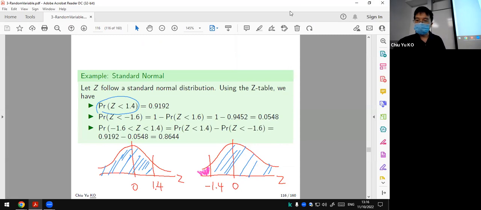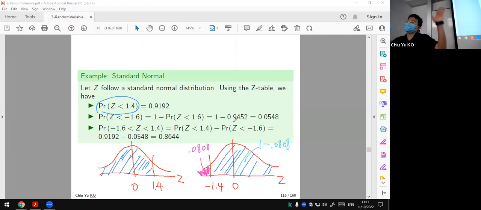The table tells us this guy is 0.0808. So what's blue? Use our kindergarten knowledge. The area is 1, so this guy is 1 minus 0.0808. So that is 0.9192. Is that clear?